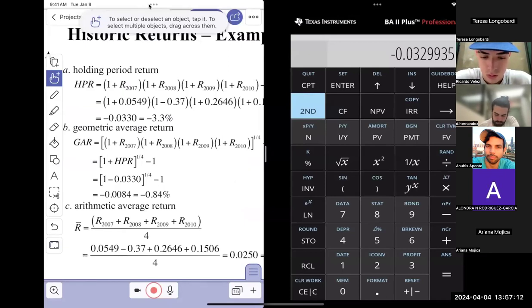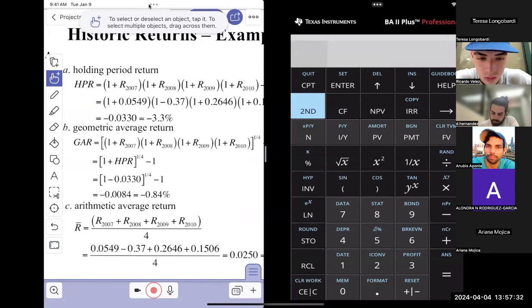So I'm going to add 1, and I'm going to raise to the power of 4 inverted, and that's not right. Oh yeah, because I rounded it. Okay, let me use the rounded figure.